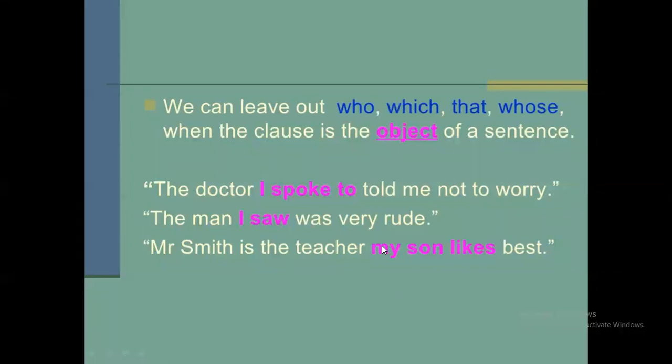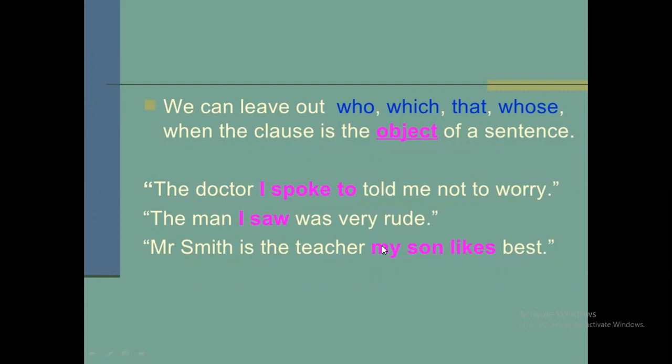يلا خليني اسمع صوت مين. يلا يا لميس. اقرأي لي الجملة كاملة مع الريلاتيف كلوز. Mr. Smith is the teacher who my son likes the best. Who my son؟ لا.